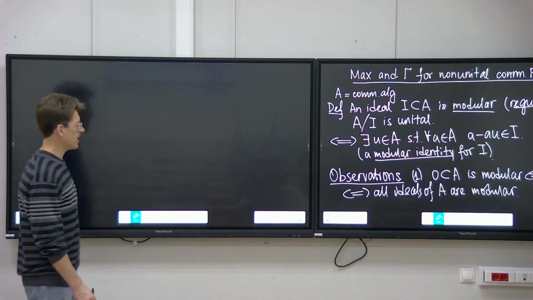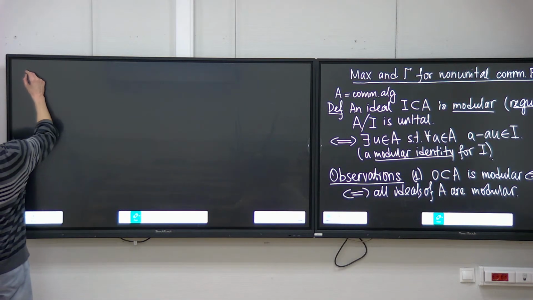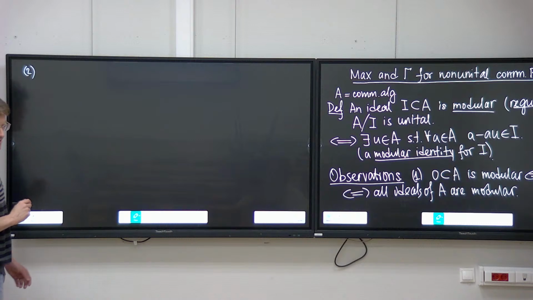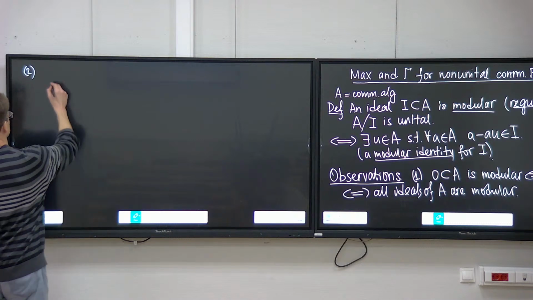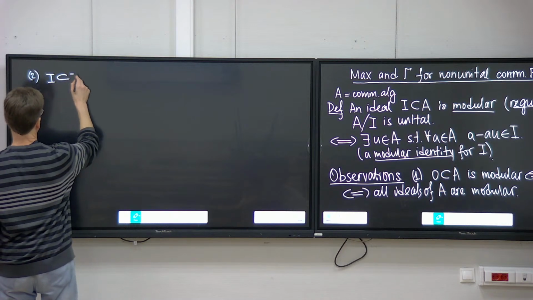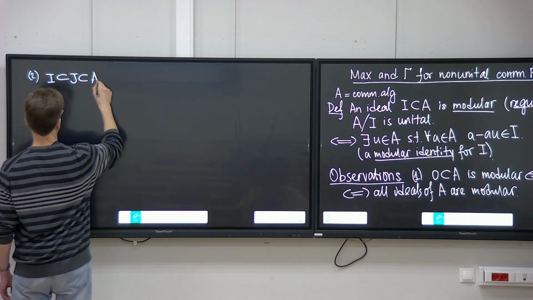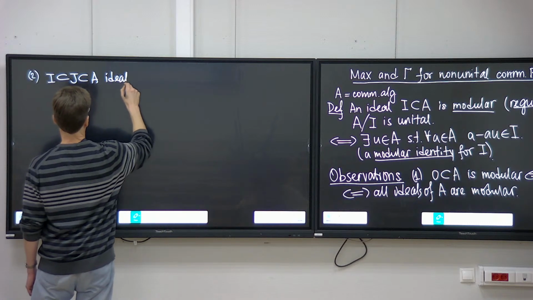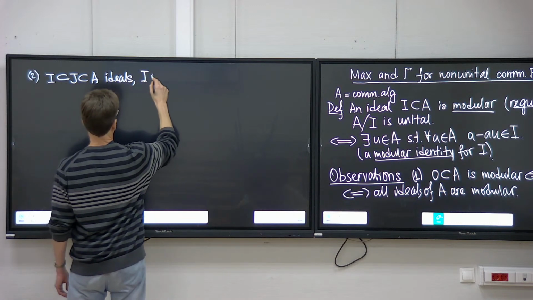Also, if we have a modular ideal I, then any larger ideal will also be modular. You have two ideals I and J, and I is modular.